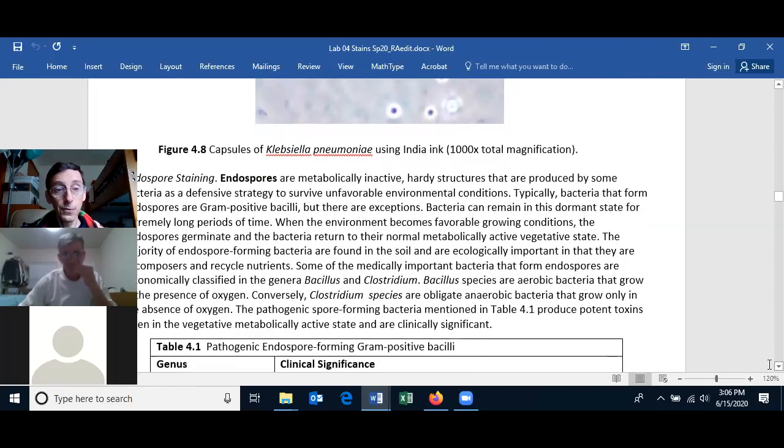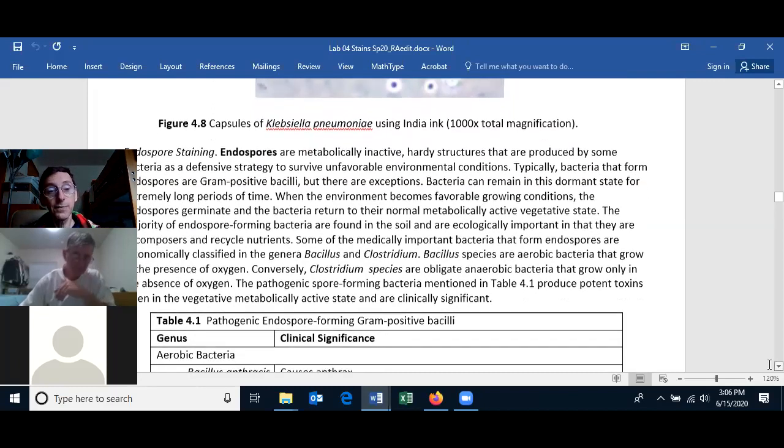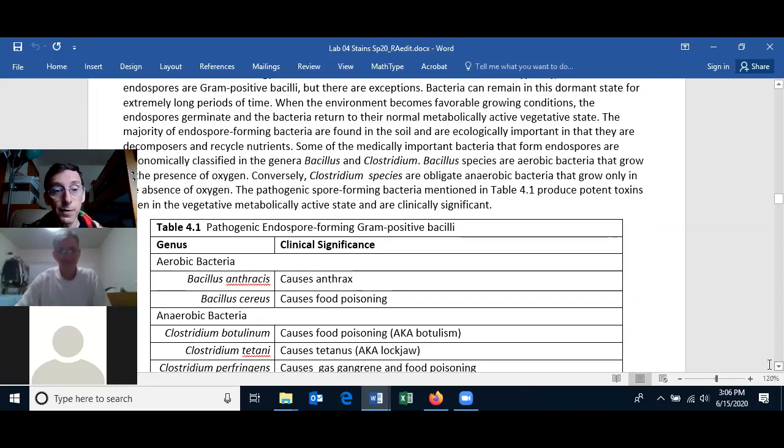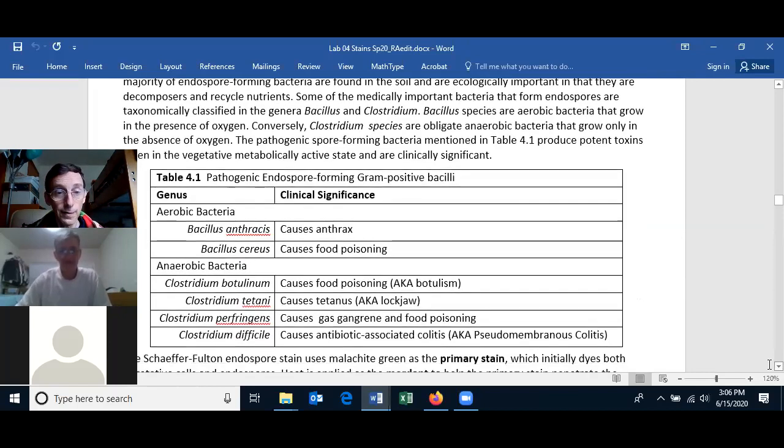Another stain you can do is an endospore stain, to test for endospores. This table is showing you some of the species that have endospores and some of the clinical significance: Bacillus anthracis causes anthrax, Bacillus cereus causes food poisoning, Clostridium tetani, you've probably heard of that one, causes tetanus, Clostridium botulinum causes food poisoning or botulism.